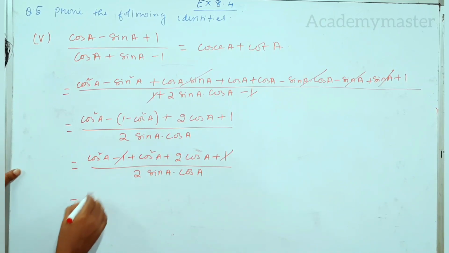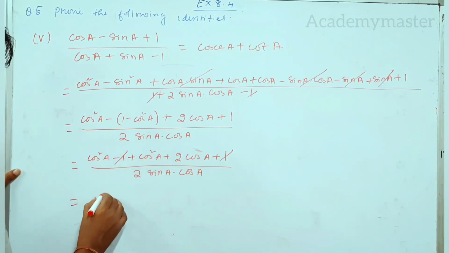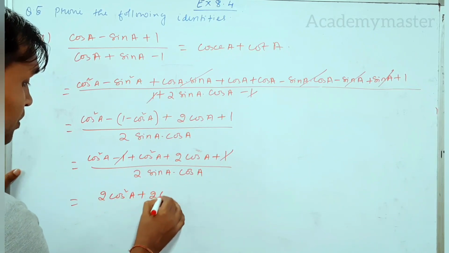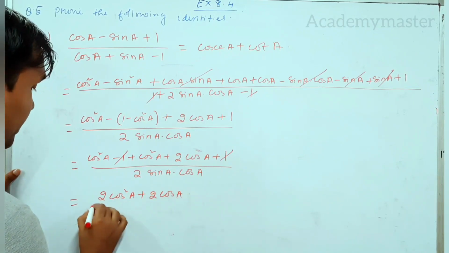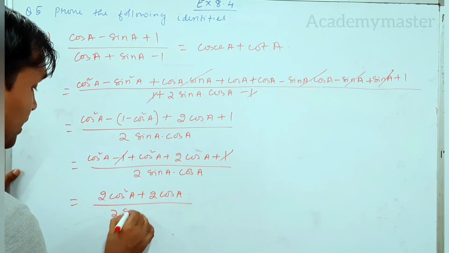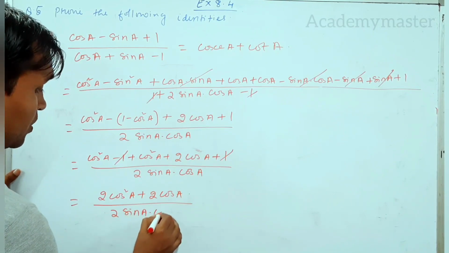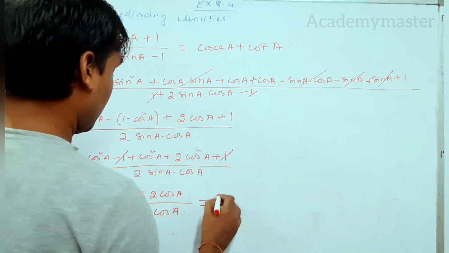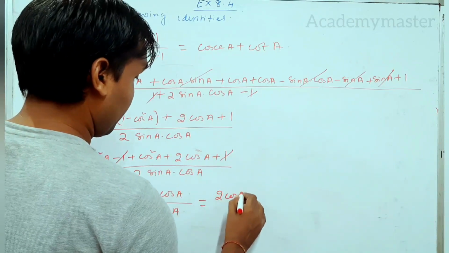So in the next step, how much is cos square A? Cos square A, we are getting 2 cos square A plus 2 cos A divided by 2 sine A into cos A. Okay, fine. So in the next step, let us see what we can do. We can take common 2 cos A here.